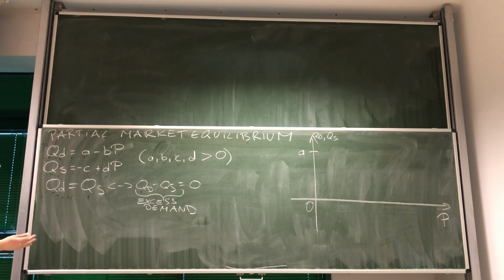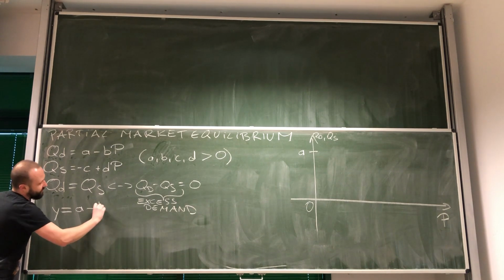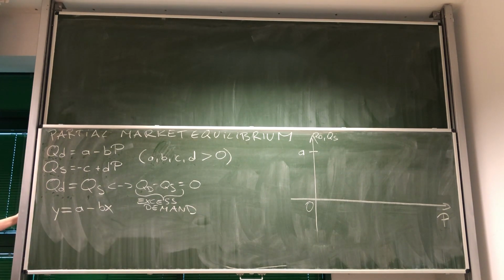We can think about it in different ways, but look, if you think about it as a function, y equals a minus bx, if you want to know what happens to y when x is changing, you calculate the derivative. And look, we can do the same thing here, no problem.